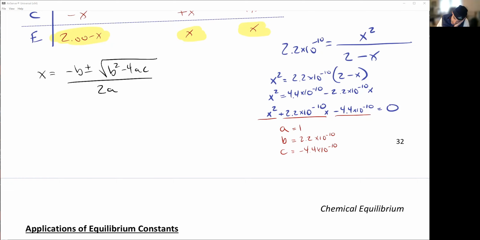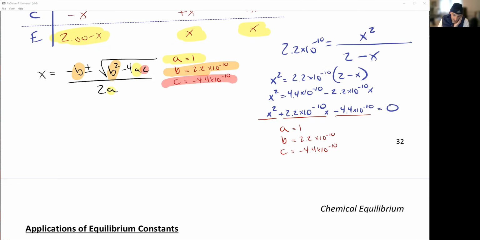We're basically just substituting these numbers in. I'm going to copy these. There's A going in for A, there's B going in for B, and C going in for C. Oh, there's an A down here as well.